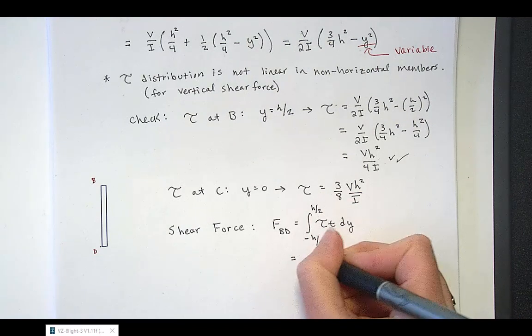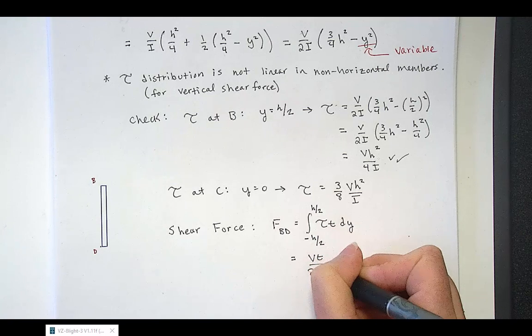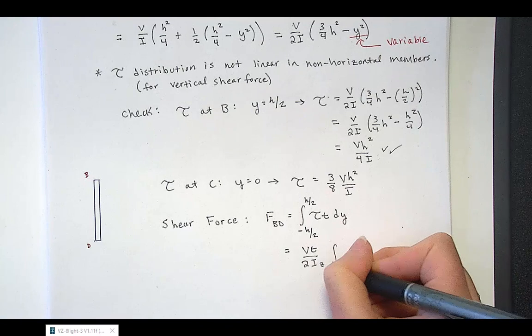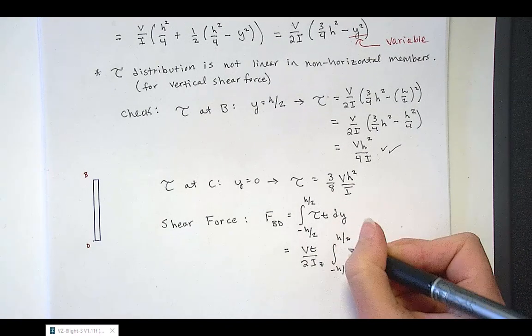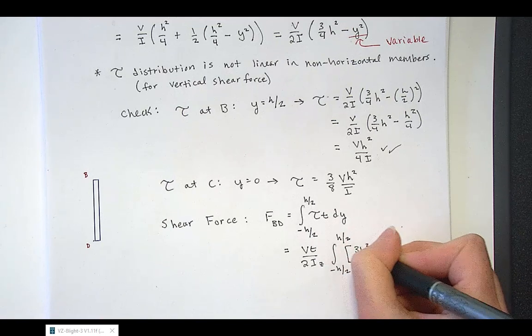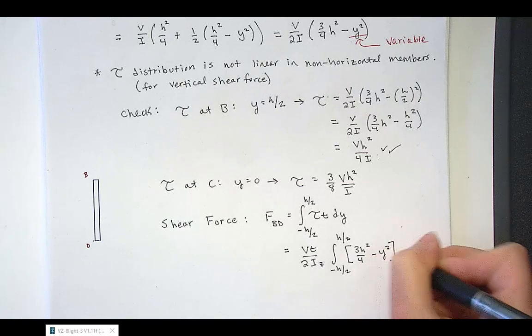And that's equal to Vt over 2I_z times the integral from negative h over 2 to positive h over 2 of 3h squared over 4 minus y squared dy.